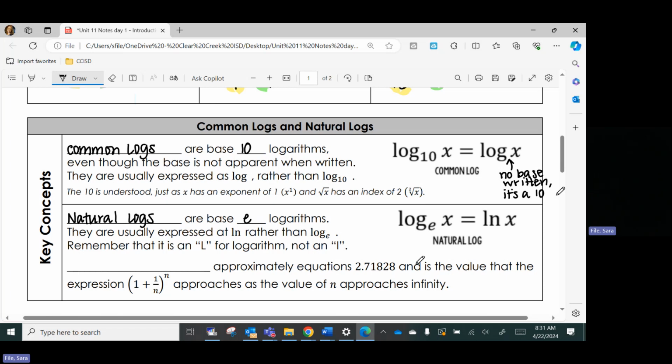Okay, when we say base e, that e is approximately equals. This is a typo here. It's not supposed to be equations, it's supposed to be equals.